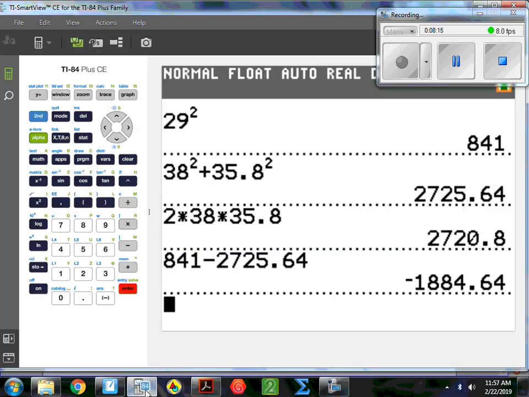Let my calculator do this work for me. I already have the negative 1884.64. If I just hit divide by, it uses that number. Dividing by 2,720.8.